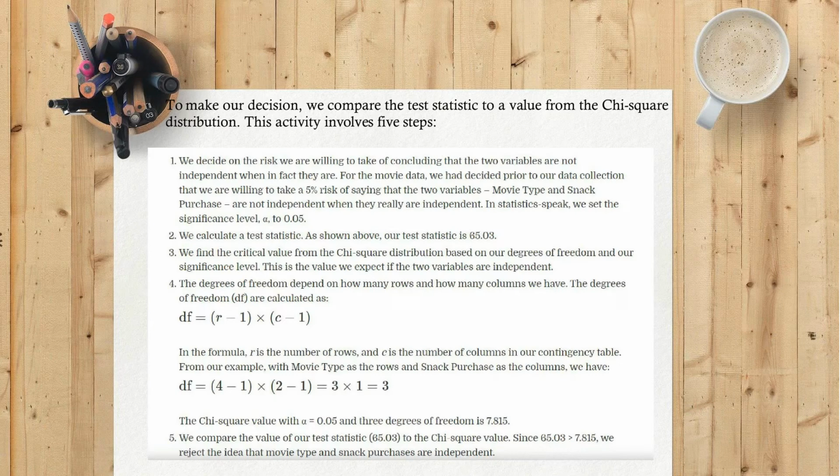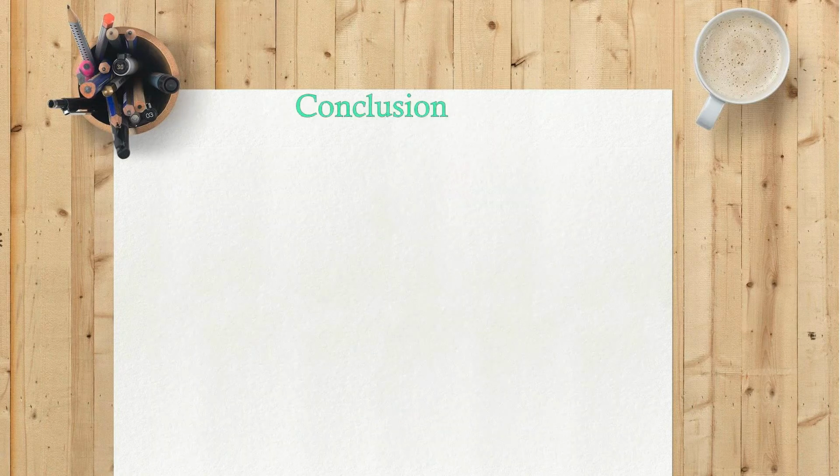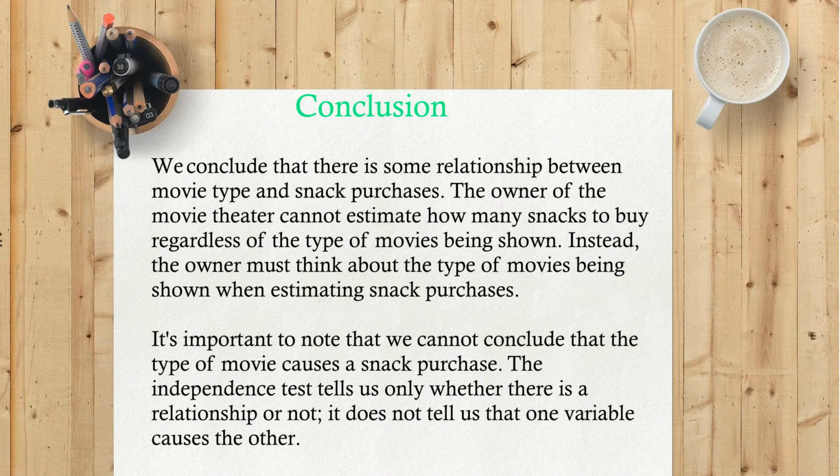Since 65.03 is greater than 7.815, we reject the idea that movie type and snack purchases are independent. We conclude that there is some relationship between movie type and snack purchases.